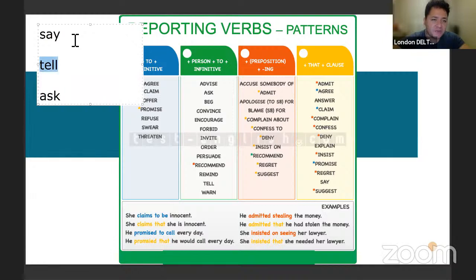a transitive verb, okay? So when you use the reported speech, you can say, she said, ella dijo, y dices lo que ella dijo. So with tell, you can tell the person you're talking to, she told me, ella me dijo, she told me, okay?